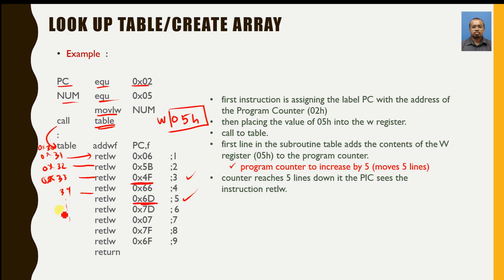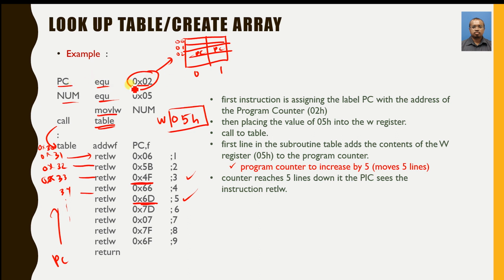So this is actually the program counter. 0x02 is the address or the memory location. Remember we have this bank 0 and bank 1, 00, 01, 02. So the program counter is located here, at 02.